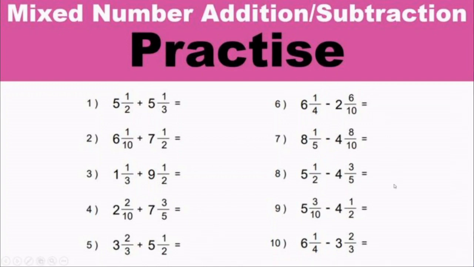Whereas questions 6 to 10, I'm subtracting mixed numbers, so be careful. Get your common denominators and check if you can do that subtraction without getting a negative fraction part. If you can't, first convert to top-heavy, do your subtraction, and then make sure you simplify all of your answers.